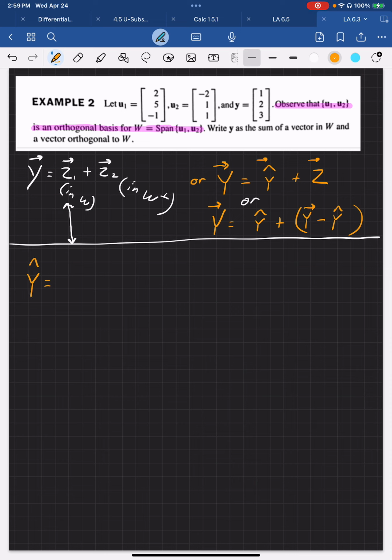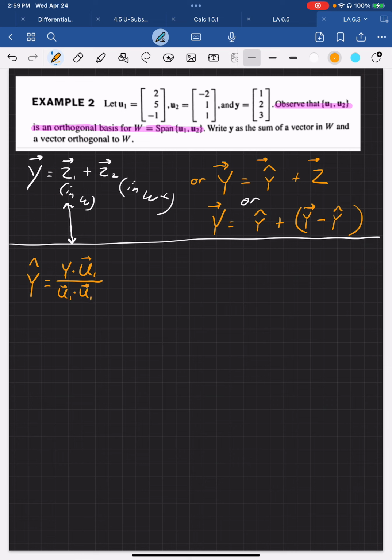So y hat, for example 2, could be written as the dot product of y with vector u1, divided by the dot product of u subscript 1 dot itself.